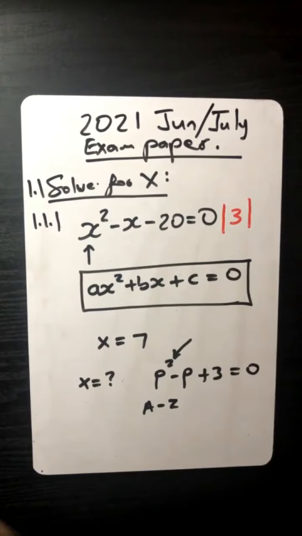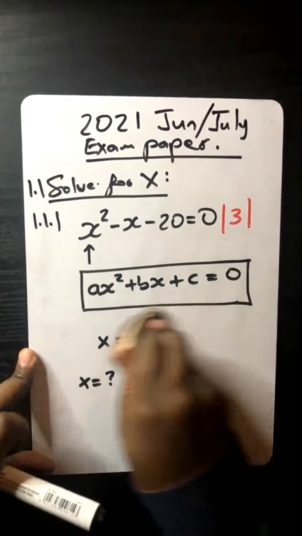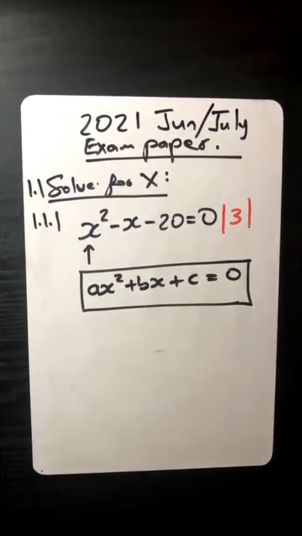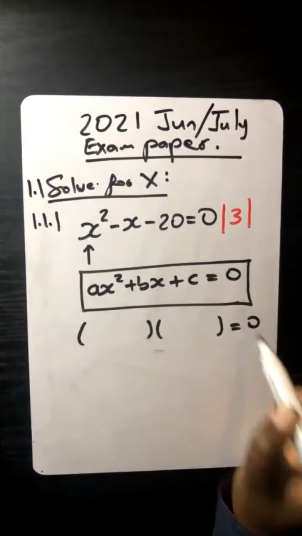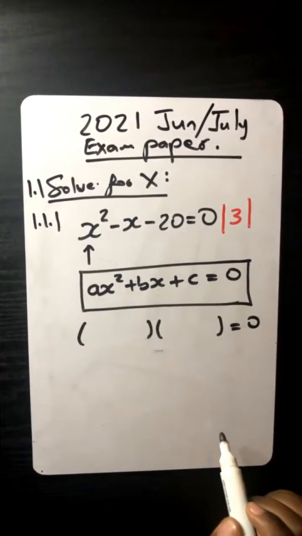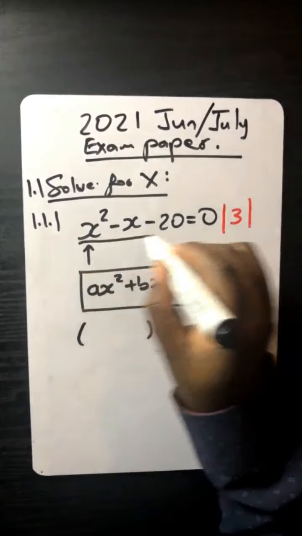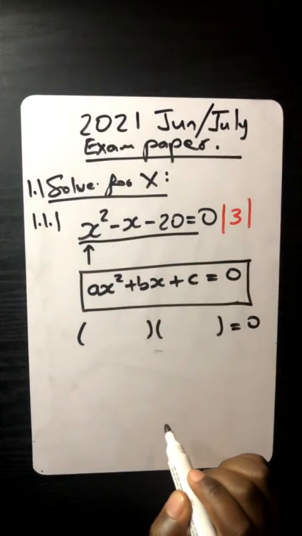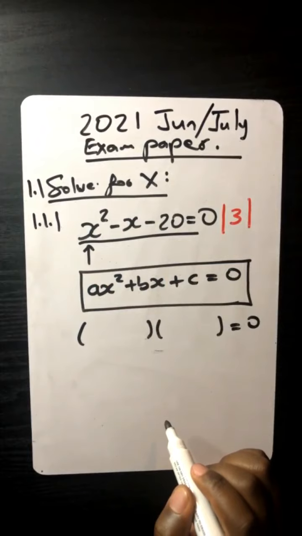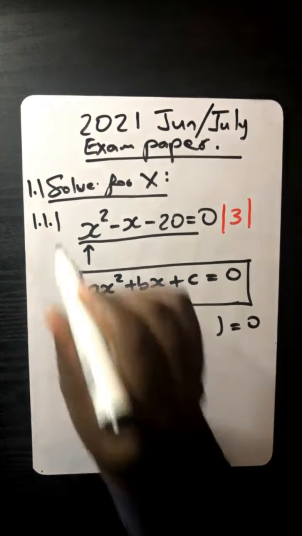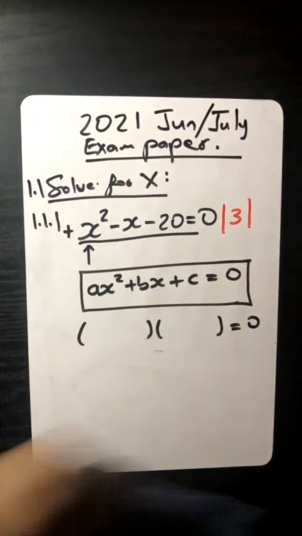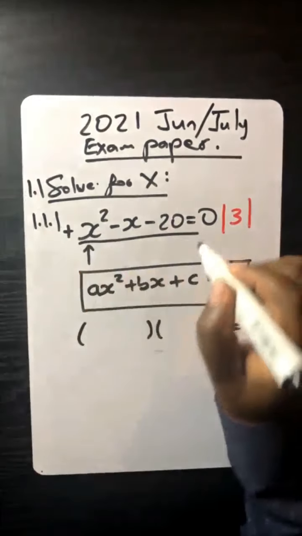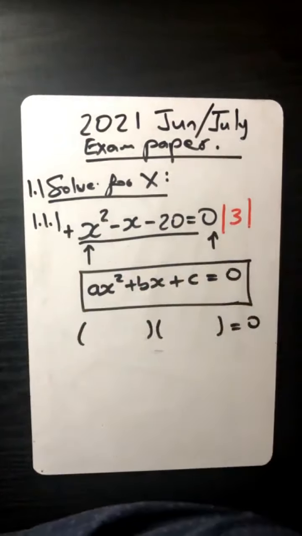Because it's a quadratic equation, you need to factorize. At what stage do you factorize? You only factorize if your quadratic equation is in the standard form. For it to be in the standard form, you must have positive a, and the whole expression must be equated to 0.